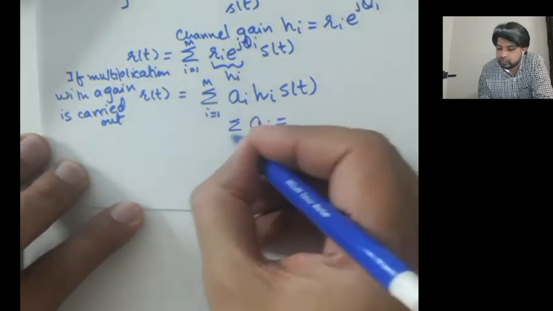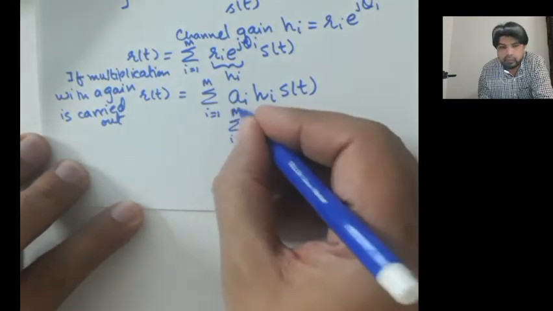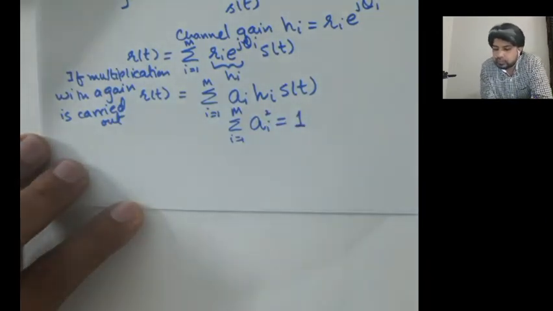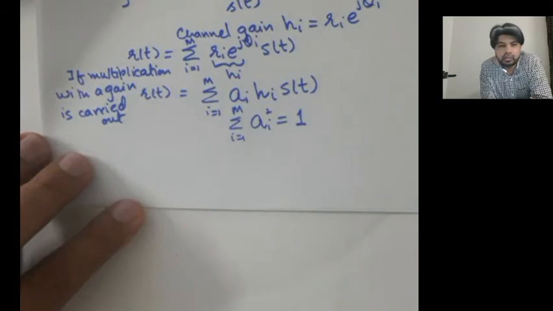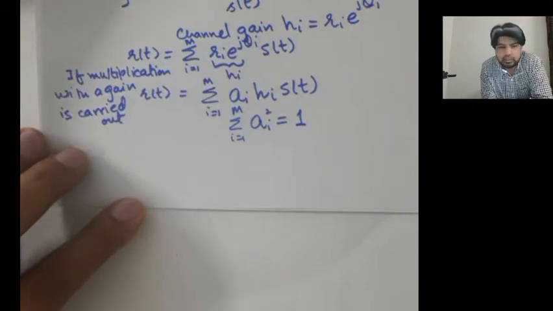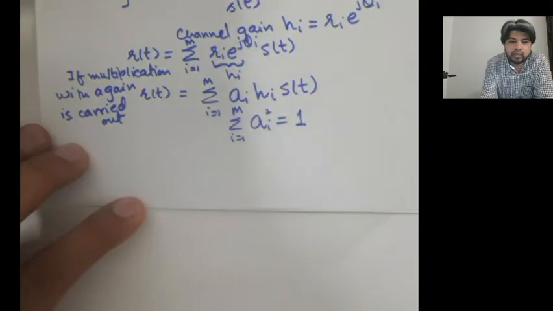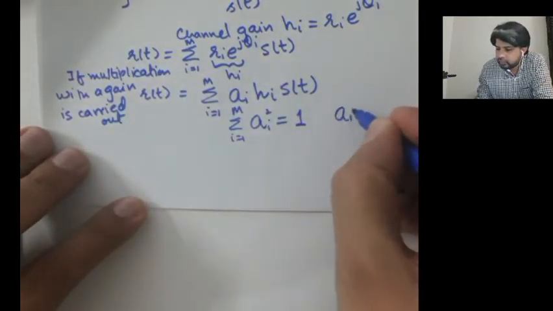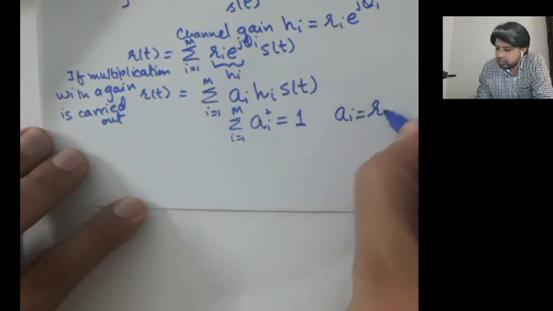So the important condition is that the summation i equals 1 to capital M of Ai squared must equal 1. That means these gains should not increase the transmit signal's power on average. We need to make sure of that, otherwise you would be comparing apples with oranges, and that would not be a fair comparison.